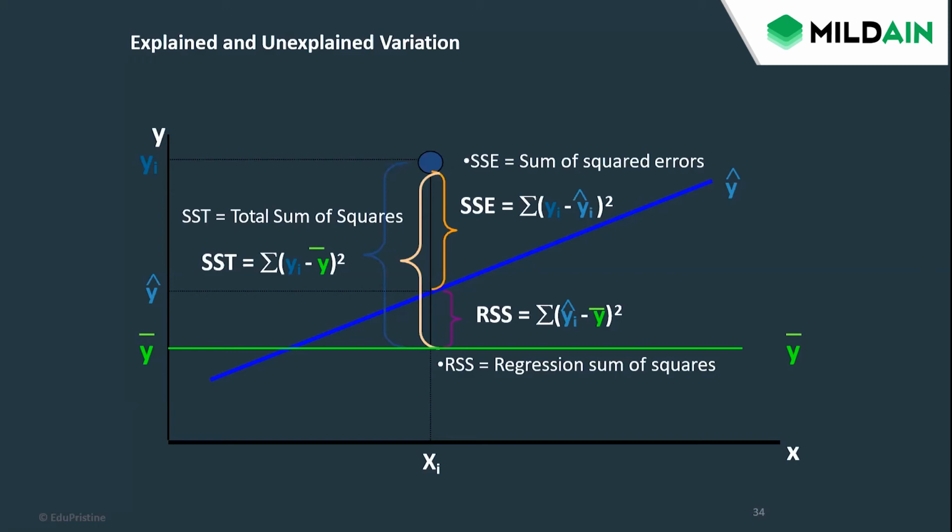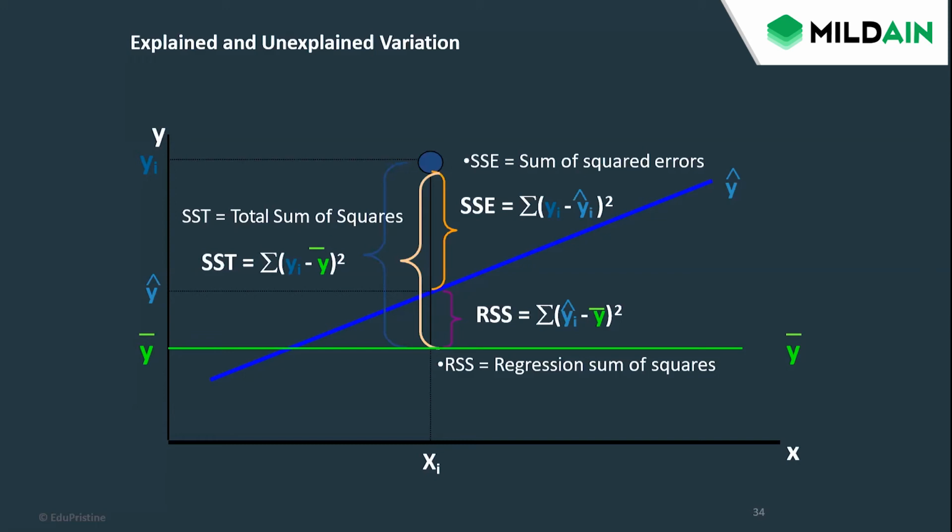Guys, please try to understand the basic concept behind this: explained and unexplained variation. SSE stands for sum of square errors, that is the sum of yi minus y cap square. RSS stands for regression sum of square, y cap minus y dash, where y dash is the mean of my data.